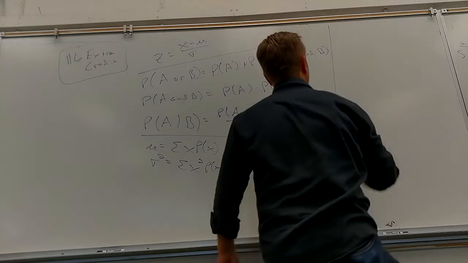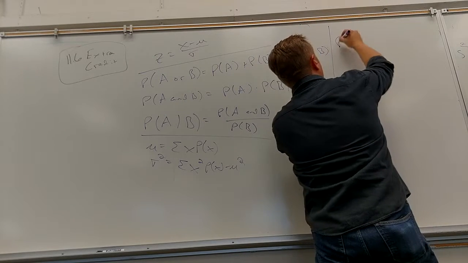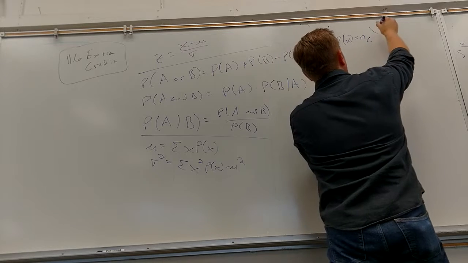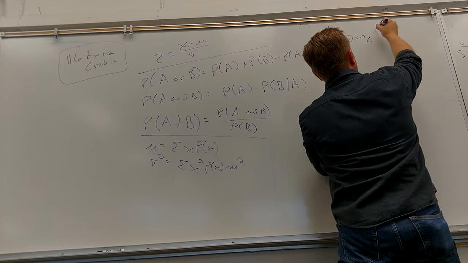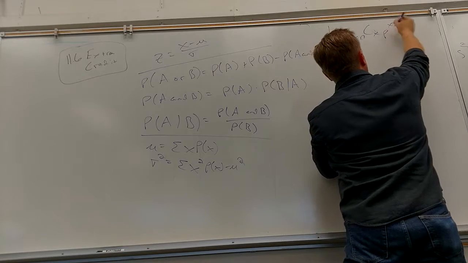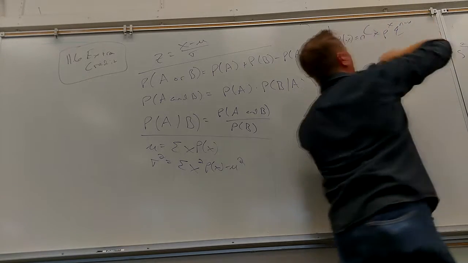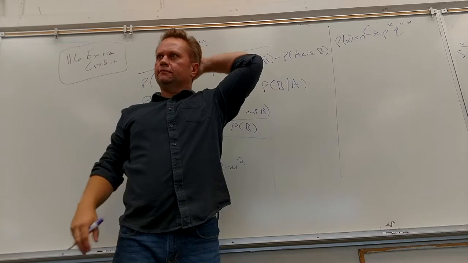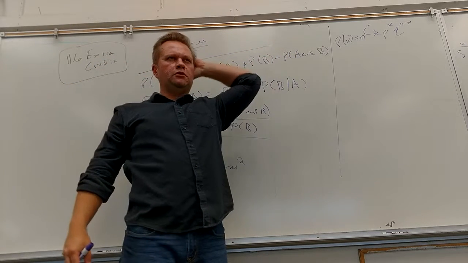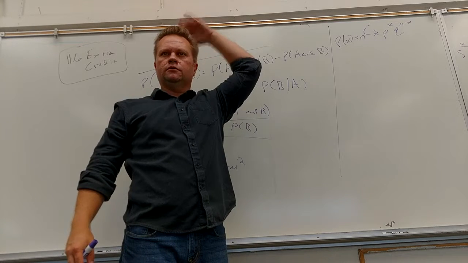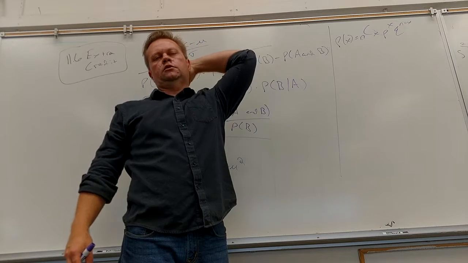And then we have the binomial probability distribution. Big X, little c. This is n choose x, p to the x, q to the n minus x.